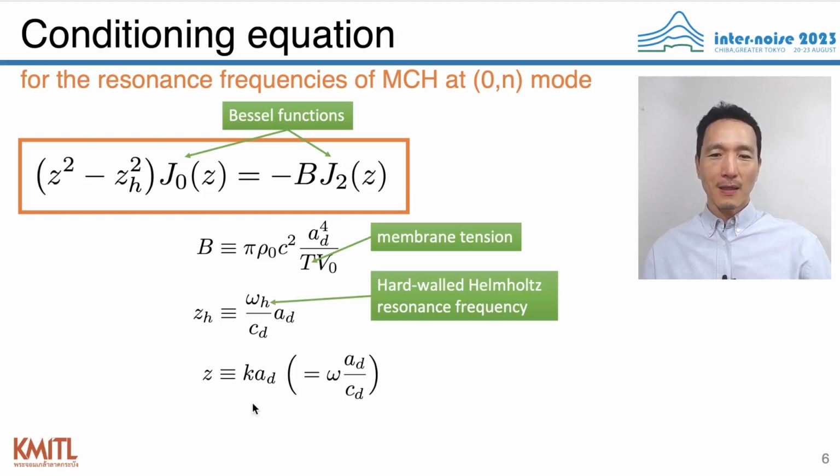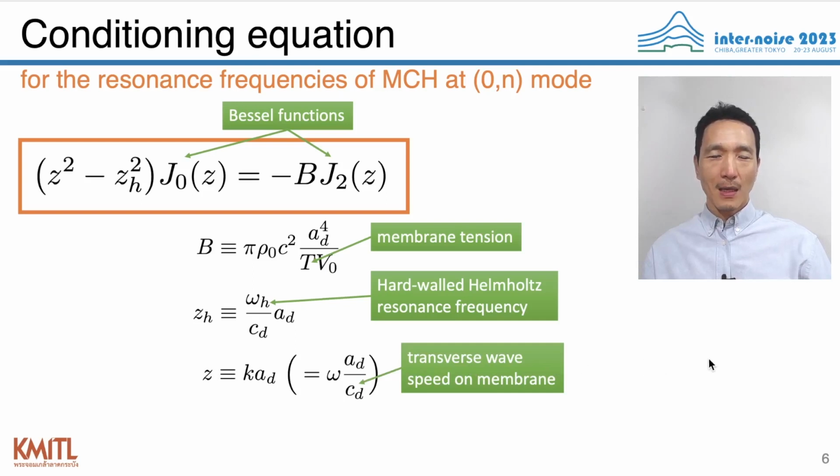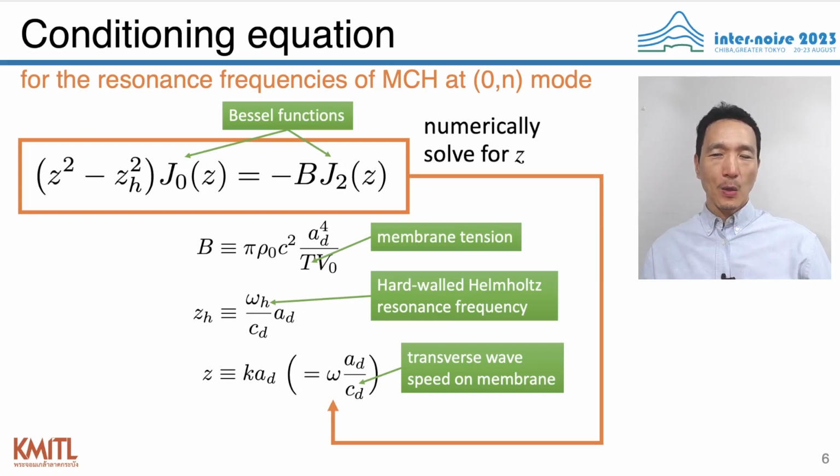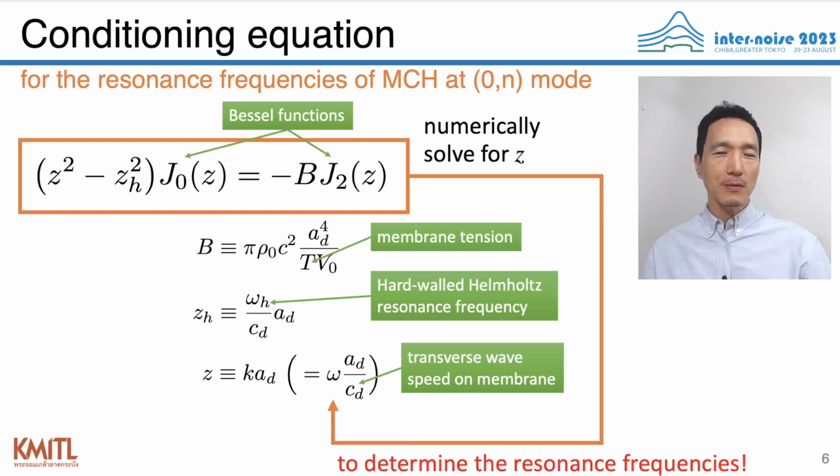And finally, z is the variable of the equation, where we also have the wave speed c_d on the membrane. If we solve this equation numerically for z, we can determine the resonance frequencies of the membrane-coupled Helmholtz resonator. But I need to tell you that this conditioning equation is valid only for the 0n mode, which has no nodal lines across the membrane.